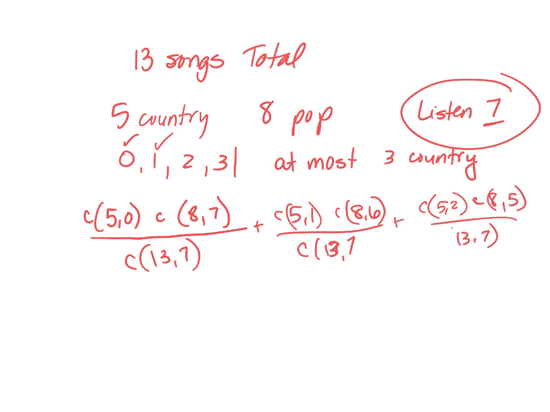Over 13, 7. And the fourth one is 5, 3, 8, 4, over 13, 7. If I have 5 things in my hand, how many ways are there to pick nothing?